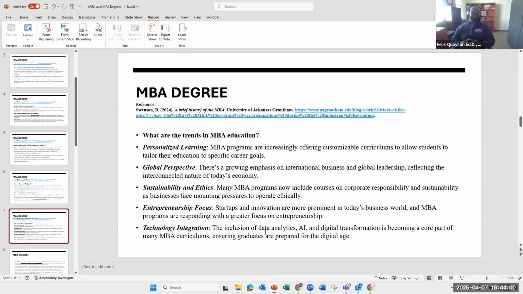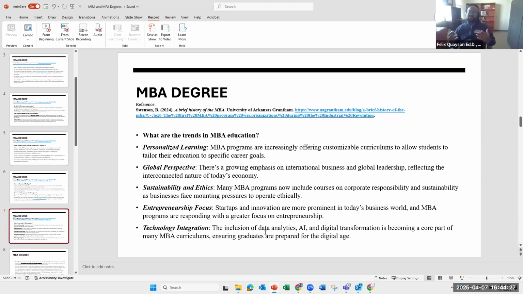And then you have MBAs that are trending in technology integration. Like I said, now we have data analytics, and artificial intelligence is becoming very popular. So several schools have started offering an MBA in artificial intelligence. Several schools in the US and also in Europe and Asia are offering artificial intelligence MBA degrees.